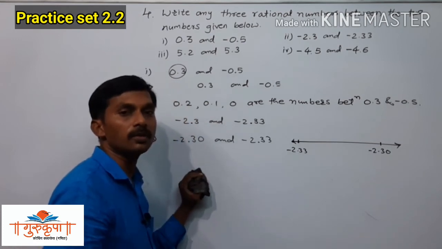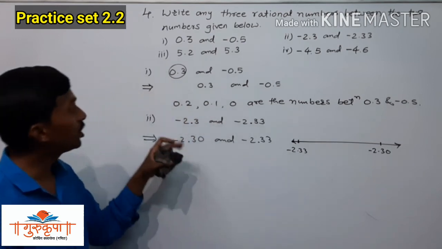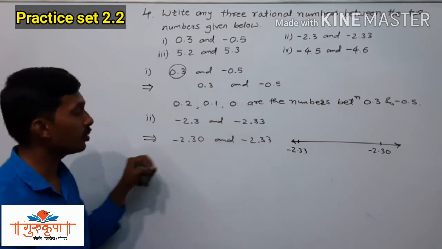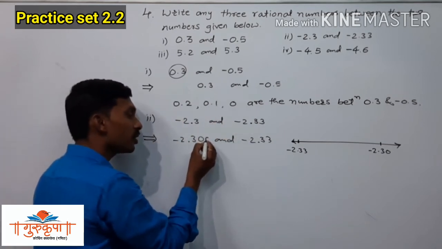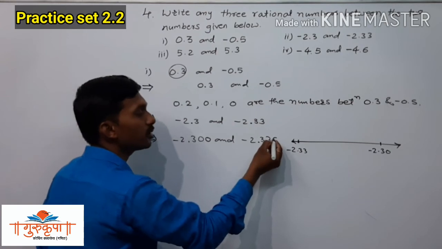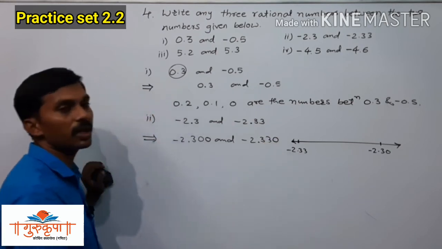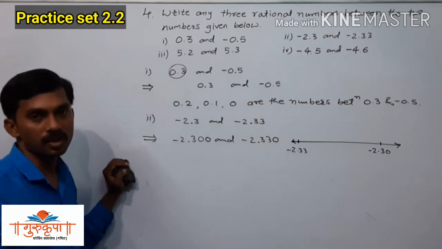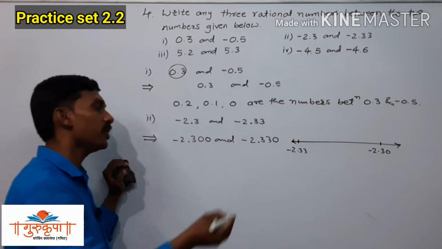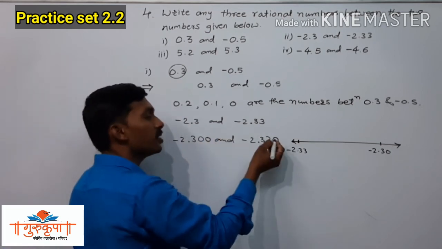We get only two numbers there, but we have to get three numbers between these two. So we will take one more 0 here, and one more 0 here.